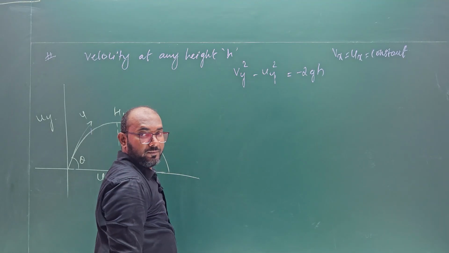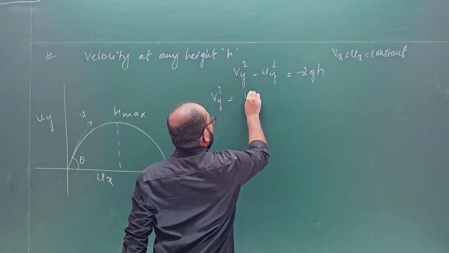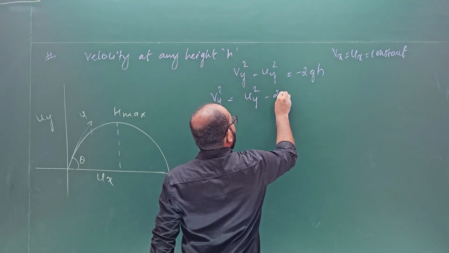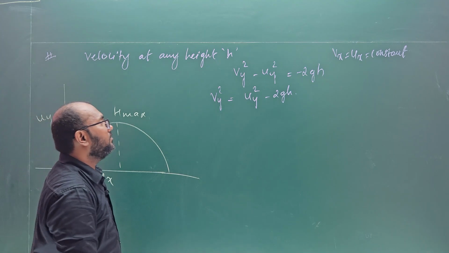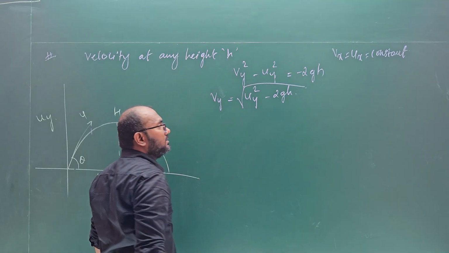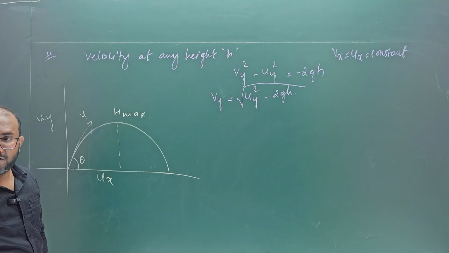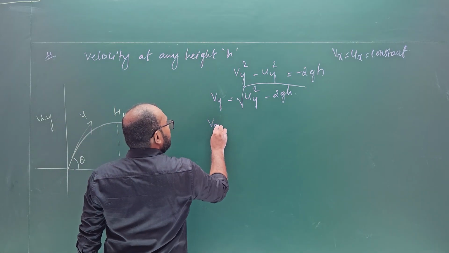Yes or no? So Vy square can also be written as Uy square minus 2gh. Can I? I got my point. And Vx is Ux only.